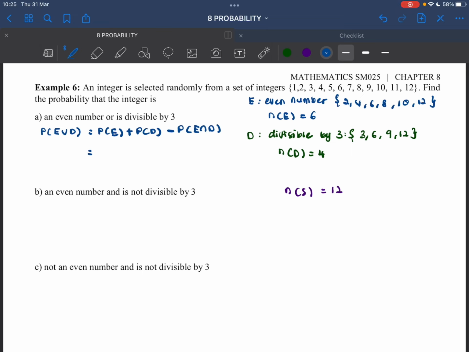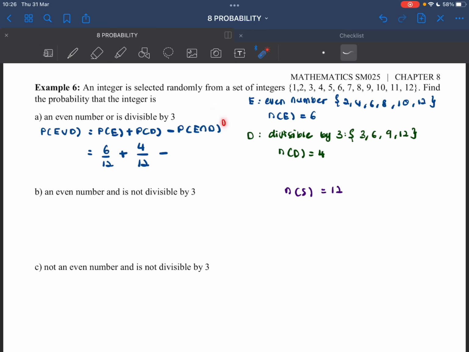So the probability of E, the question here wants probability, not the number. Here we only have the numbers. So it is very helpful if we can find the probability of E here. That will be the number of even divided by the number of sample space, so 6 over 12. Divisible by 3: the number of divisible by 3 is 4 over the sample space.